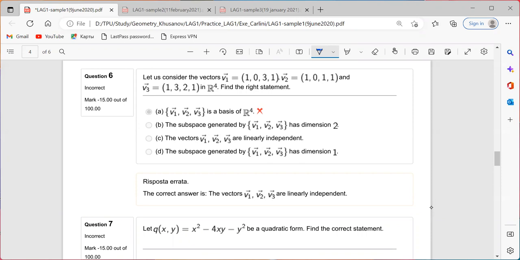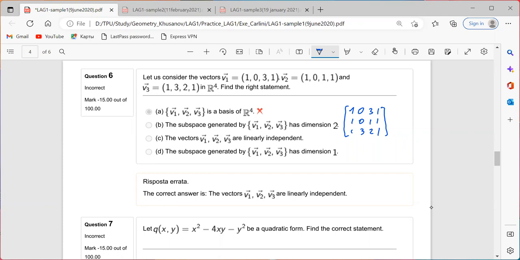If from these V1, V2, V3 we construct a matrix, it will be 1, 0, 3, 1; 1, 0, 1, 1; and 1, 3, 2, 1. We can check how many linearly independent rows we will have here. Each row corresponds to vectors V1, V2, and V3.